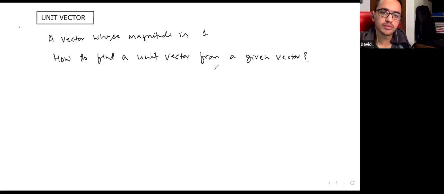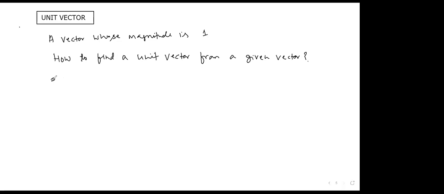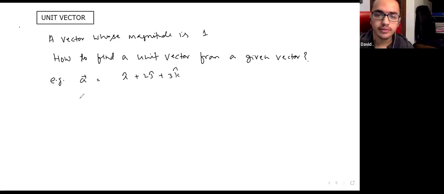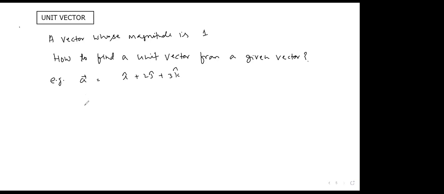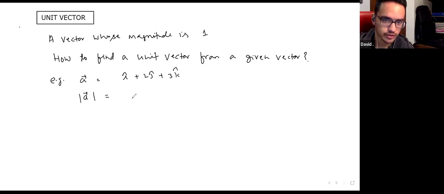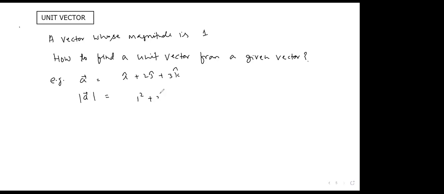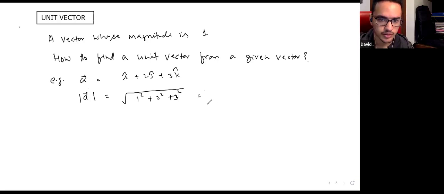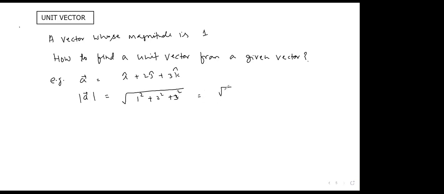Suppose a vector is given as i cap plus 2j cap plus 3k cap, and we have to find the unit vector. First we will find the magnitude. Magnitude will be 1 square plus 2 square plus 3 square, that comes to 1 plus 4, 5 plus 9, root 14.